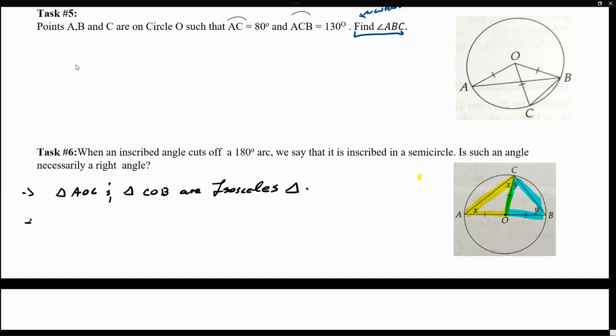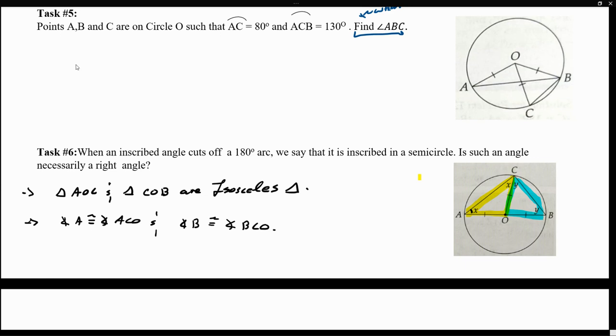Since they're isosceles triangles, we know that angle A is congruent to angle ACO. And also, in addition to that, we can assume that angle B is congruent to angle BCO.